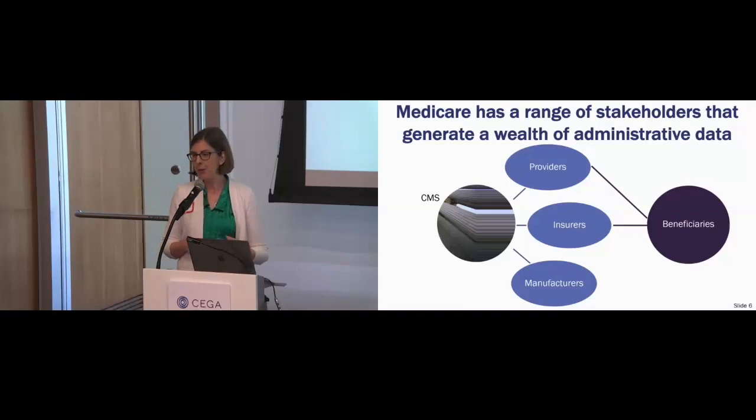Also, pharmaceutical manufacturers have increasingly become an important aspect of interactions between CMS and related to prescription drug pricing and price negotiations. So I threw them on there. And then finally, beneficiaries who utilize the care and have associated claims and so on related to their care.